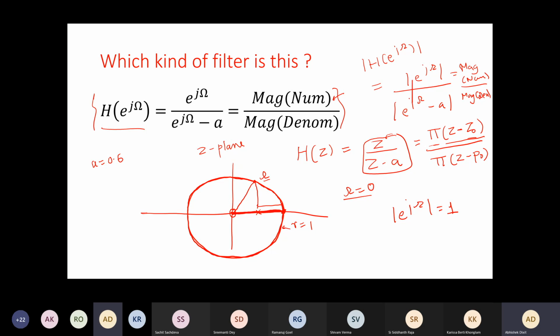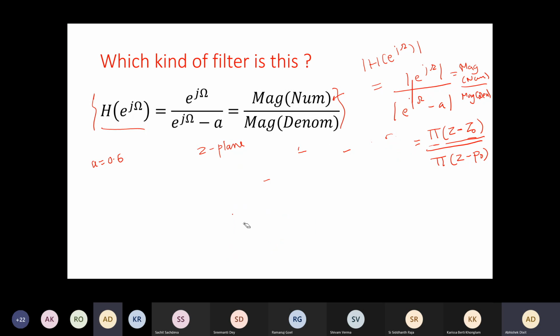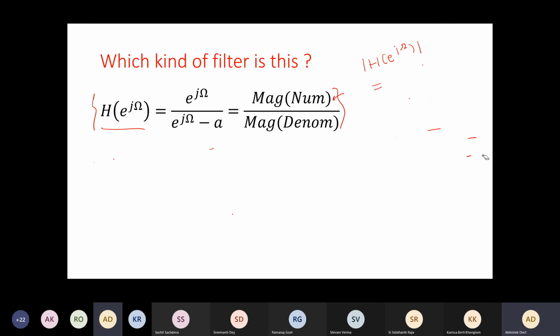This is okay. And to find the magnitude of H(e^jω), let me call this the first. What I'm essentially talking about will be clear if I just remove everything, because I have nice pictures for it, which will make it extremely clear. So let me remove all this. It's an important concept. If something is unclear, you have to ask.